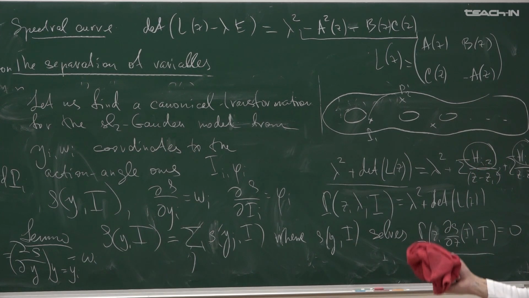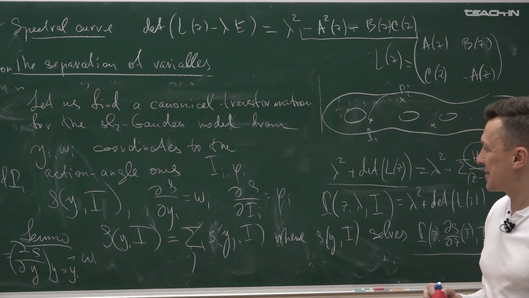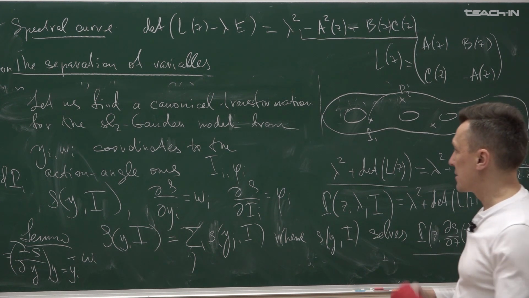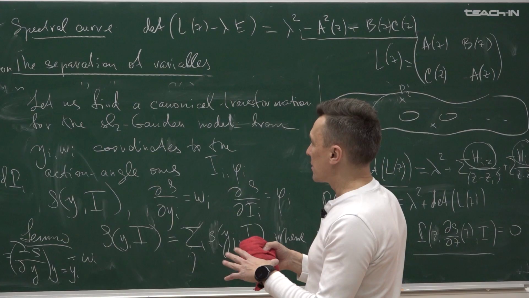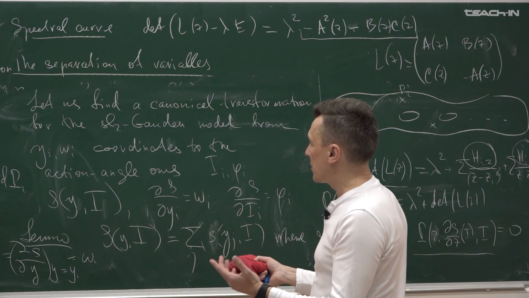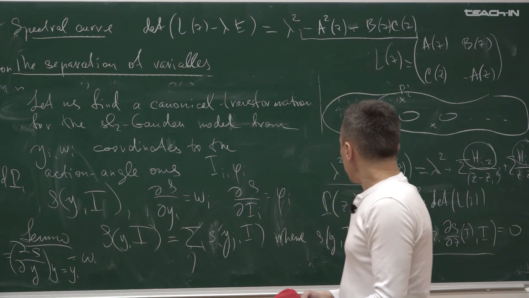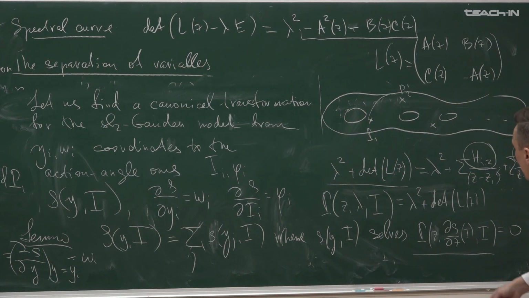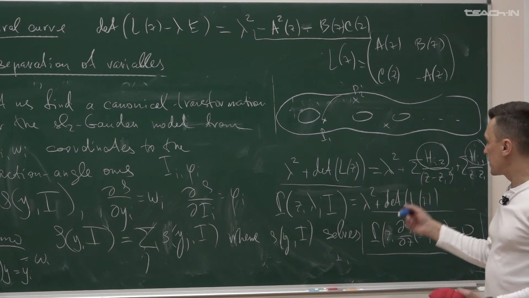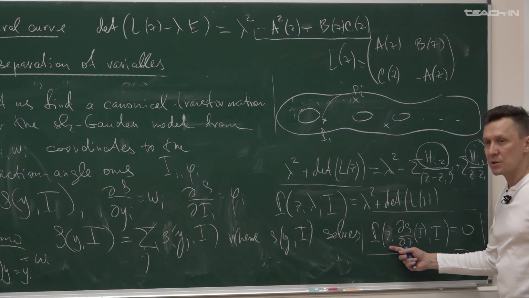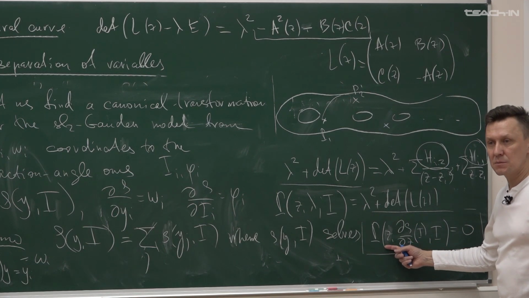So there is some tricky simplicity in this demonstration, but there is all the power of canonical transformation behind. And all this means that we have to solve a differential equation in one variable.